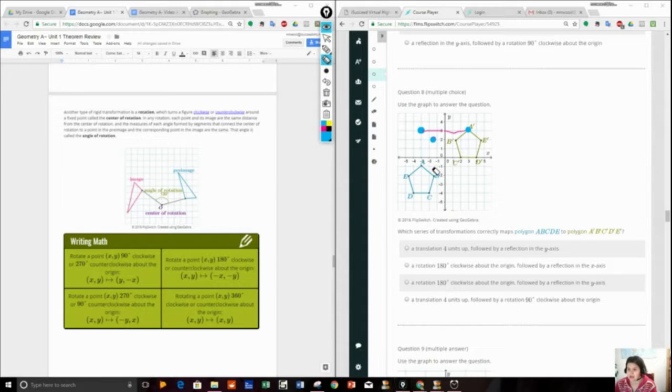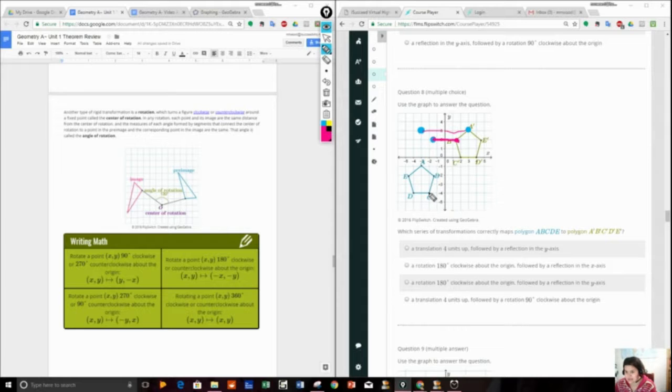And if we were to reflect it about the y-axis, it would need to preserve that distance. So this looks like it's at the halfway, so 1 and a half to the left of the y-axis. So now I'm going to reflect it on the right side, so it should be 1 1/2, which it does, land right there.